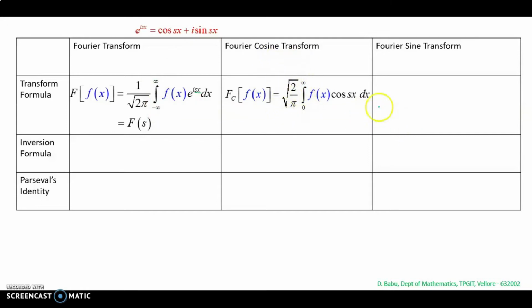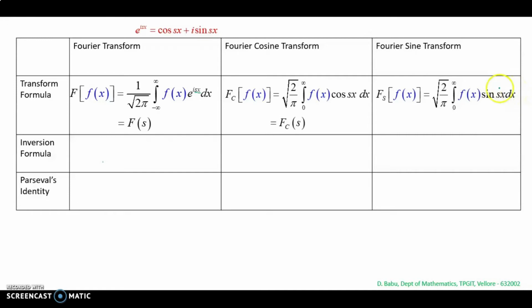Next, for the Fourier sine transform formula, instead of cos sx, we substitute sin sx. So that is called the Fourier sine transform formula. That is Fourier sine of f of x equal to square root of 2 by pi, 0 to infinity, f of x sin sx into dx. The only difference is here cos, here sine. Here also there are two variables, namely s and x, but we integrate with respect to x only.